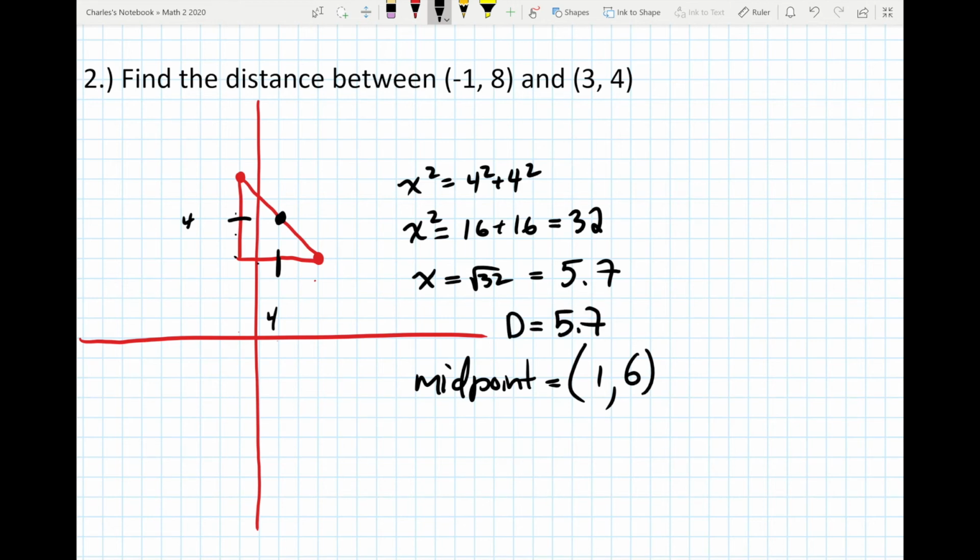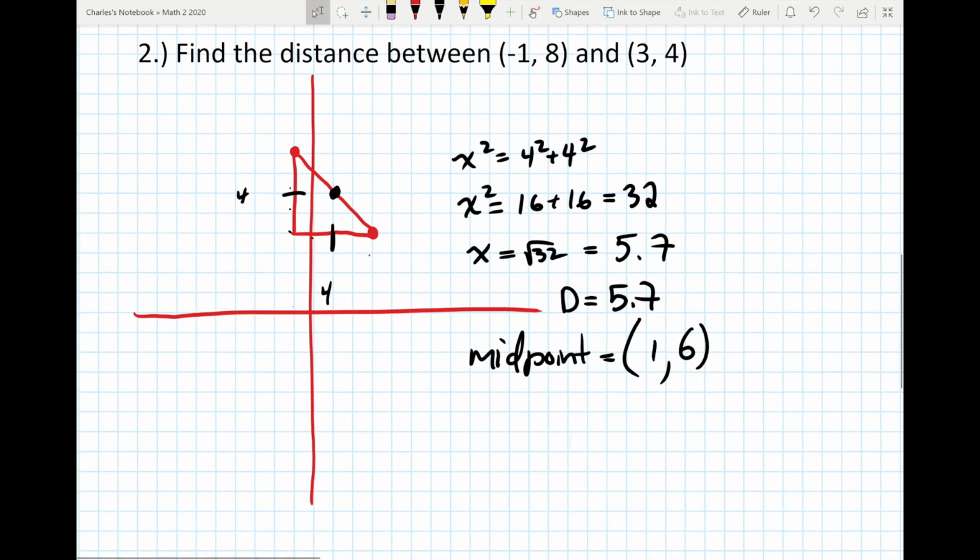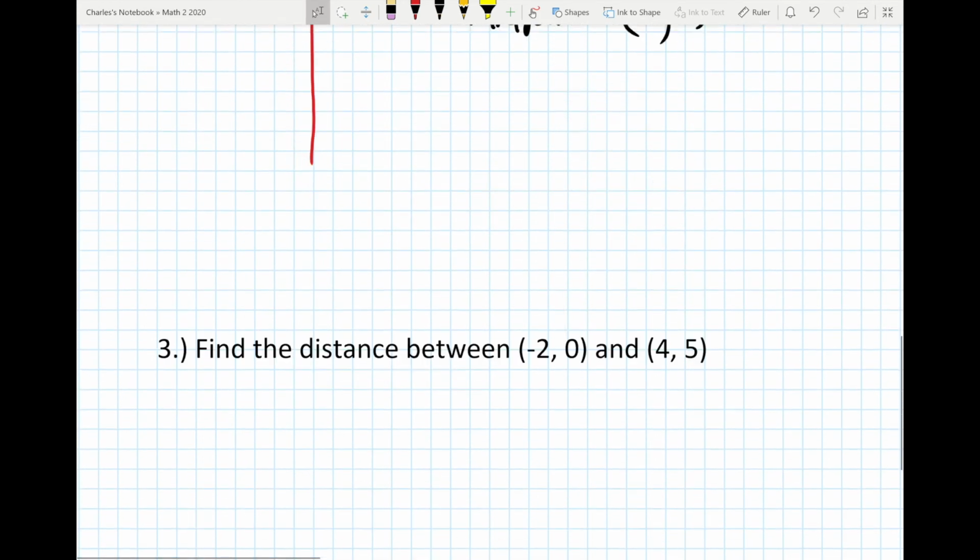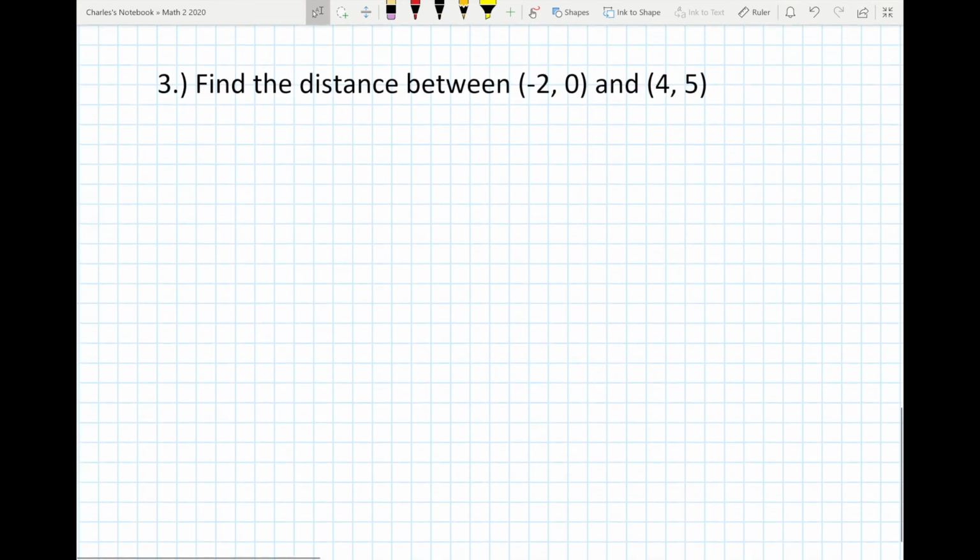And then for problem 3, I'm going to do it using the formula. So this is x1, this is y1, this is x2, this is y2.